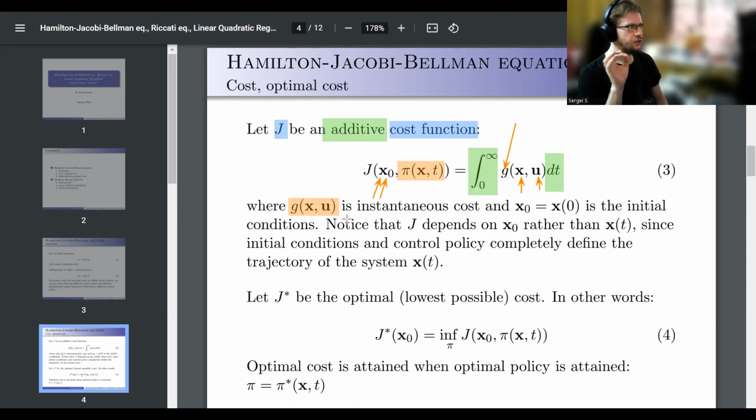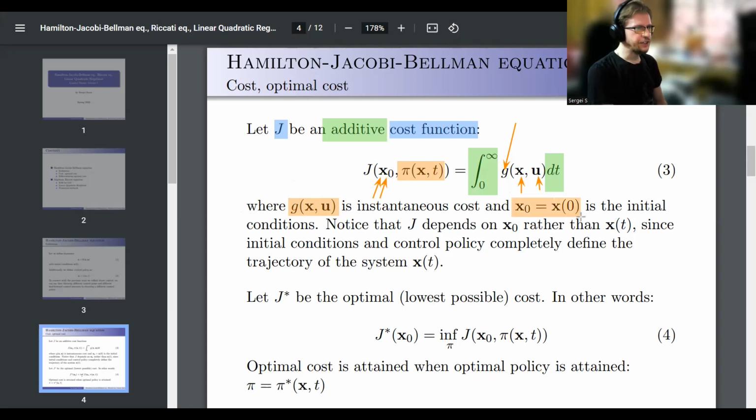Then we might punish them for being not 0. For example, x squared plus u squared would be an example of such a cost. It can be anything else. All we ask for is that it is instantaneous, so it depends only on current x and current u. All right.